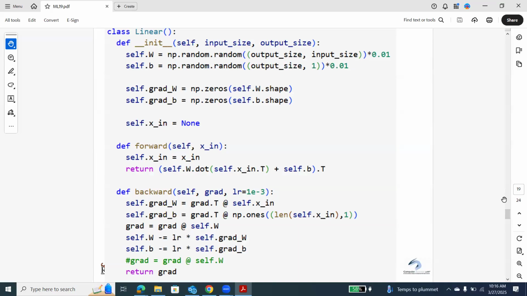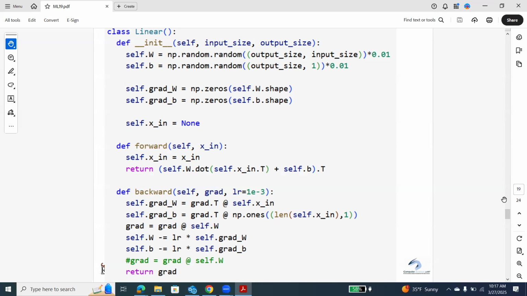In the linear layer, we initialize parameters W and B randomly. Then we calculate H, the output, which is just W times X plus bias. In the gradient, we perform two things.